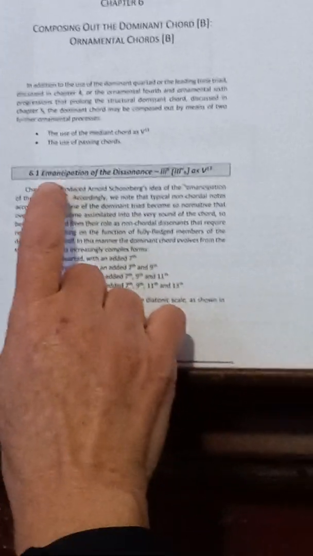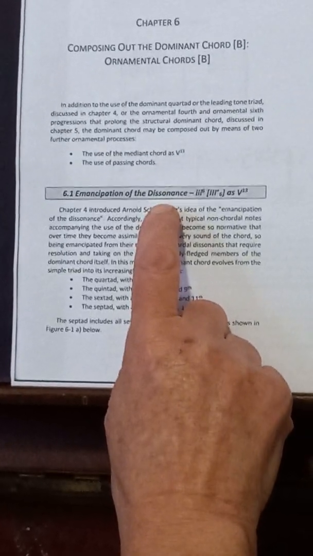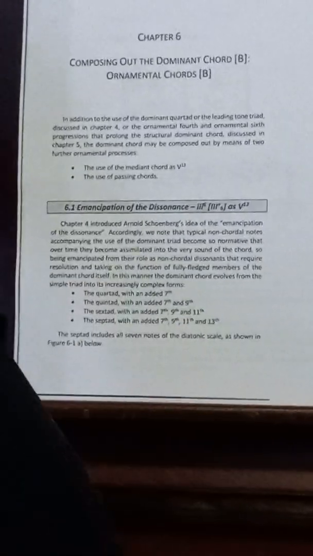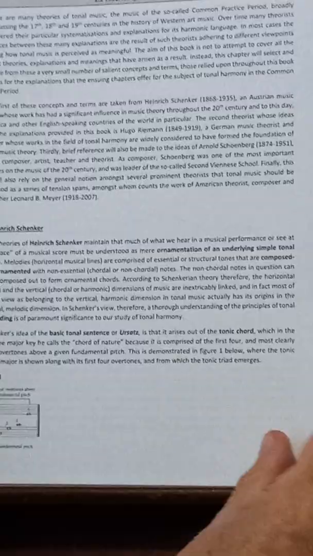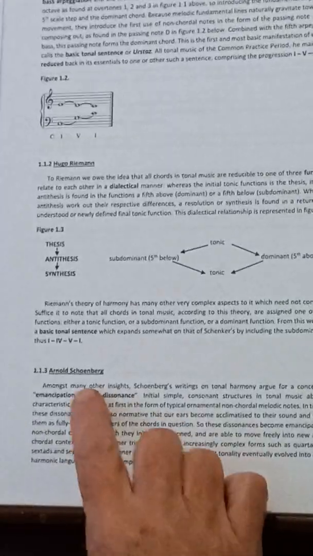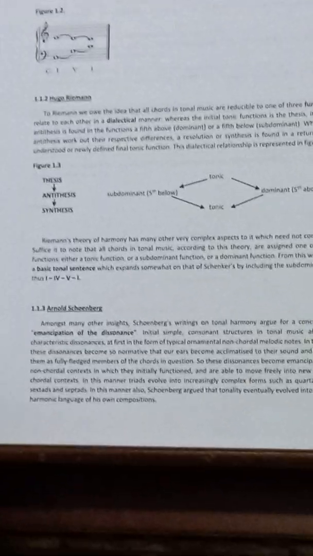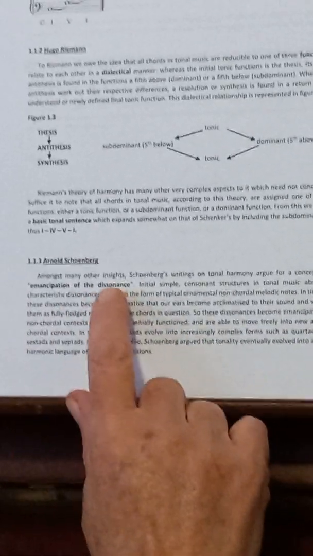And I'd like to start by revisiting the concept of the emancipation of the dissonance, which Lara dealt with in chapter 1. You had reference to the composer and theorist Arnold Schoenberg, and one of the concepts he talks about is that the history of tonal music is the history of the emancipation of the dissonance.